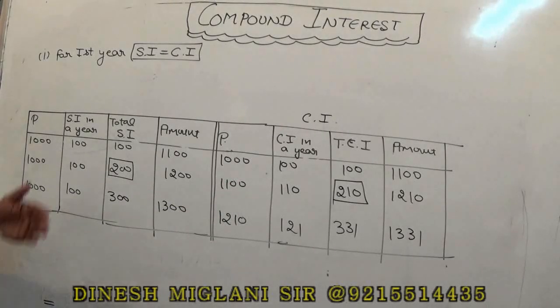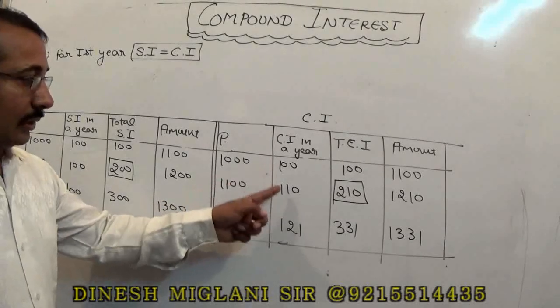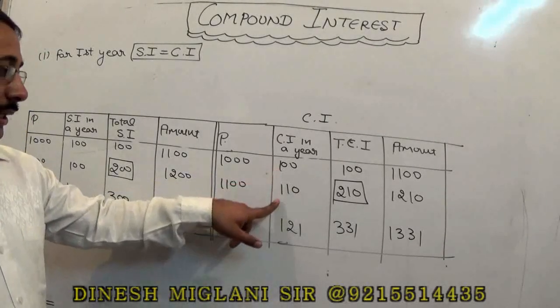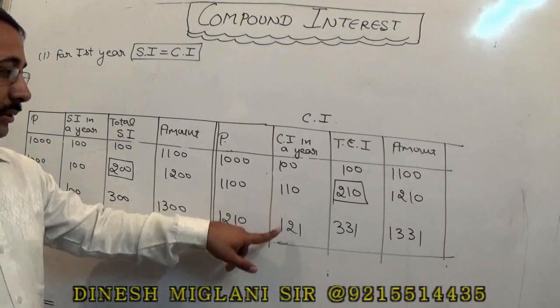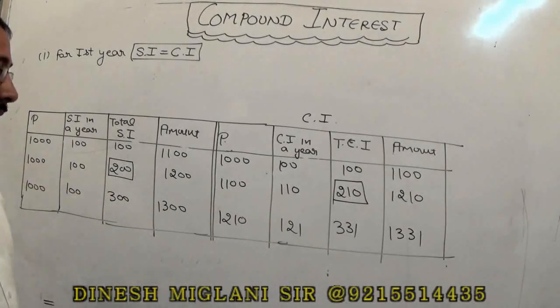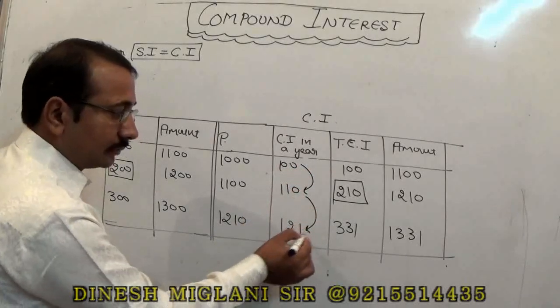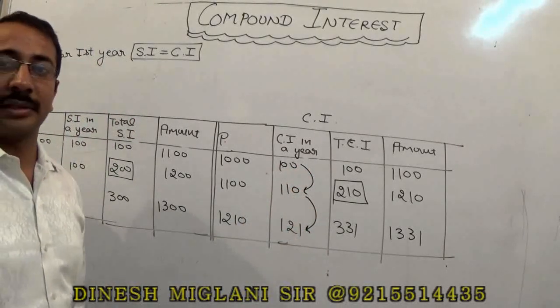So I will draw some more properties out of this. Compound interest earned in a particular year: in first year it is 100, second year earning is 110, third year is 121. Means I can say earning increases by 10%, that is by rate of interest percent.